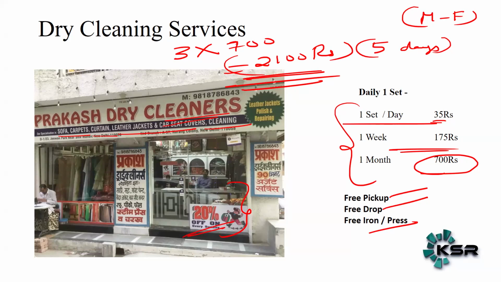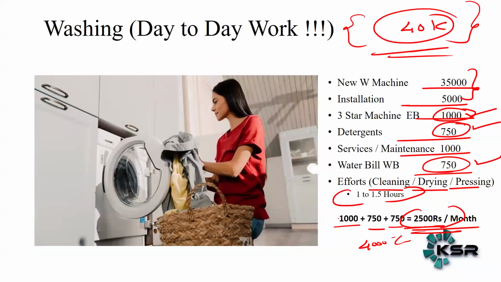It depends on the person. If a person has time, he'll try to do it himself. But you're spending 2,500 as an initial cost, and you're also wasting your time. That is a one-time investment. For dry cleaning, am I giving any advance?